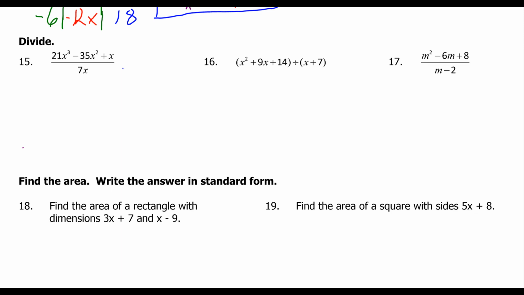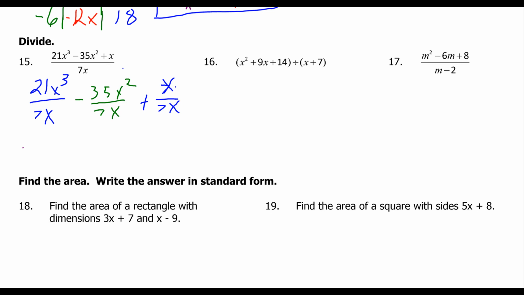So we're going to do 21x cubed over 7x, minus 35x squared over 7x, plus x over 7x.